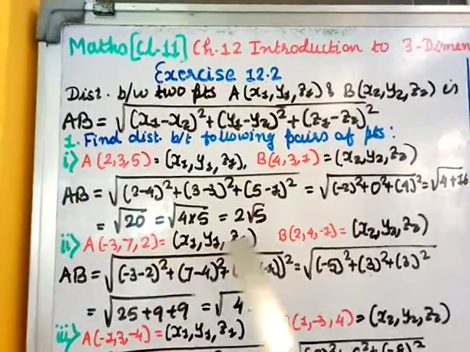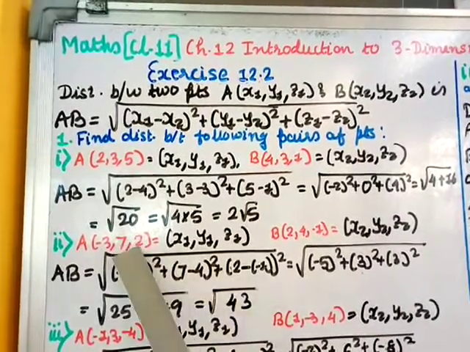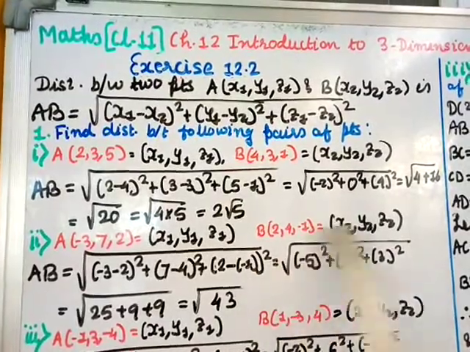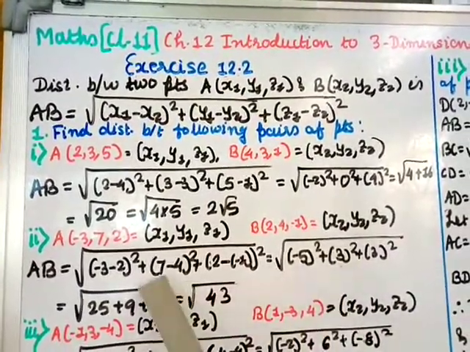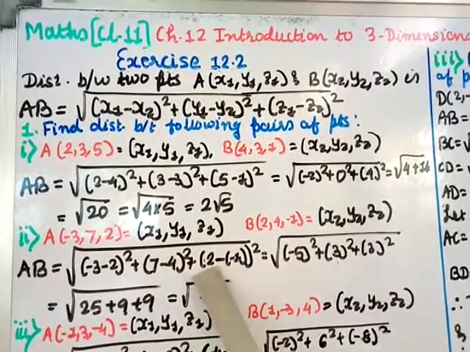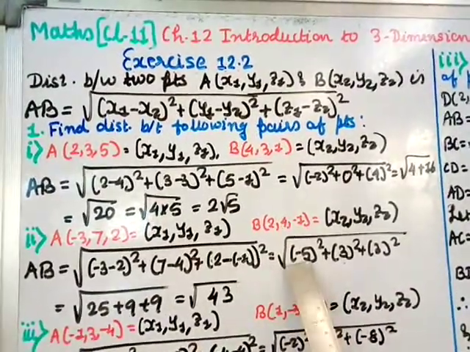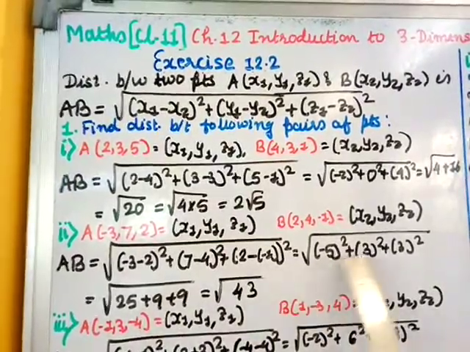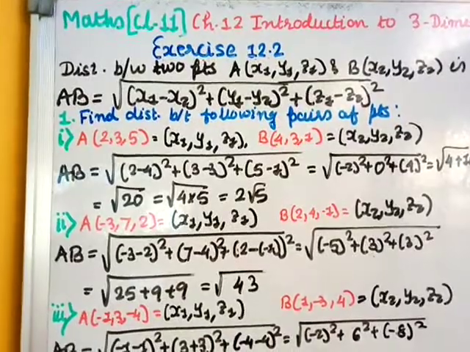So 7 minus 4 whole square plus z1 minus z2, that is 2 minus 1 whole square, equal to under the square root minus 3 minus 2 is minus 5 square plus 7 minus 4 is 3 square plus 2 minus minus 1 gives you 3, so 3 square, equal to under the square root minus 5 square is 25 plus 3 square is 9 plus 3 square is 9, sum up together you get under the square root 43.